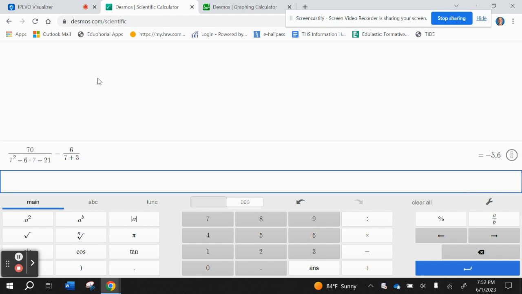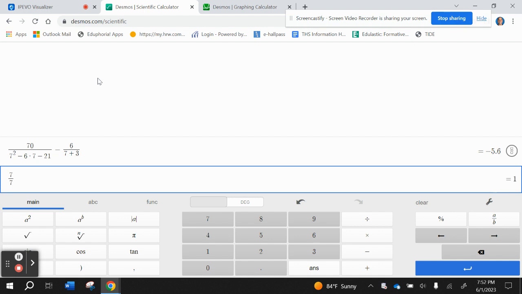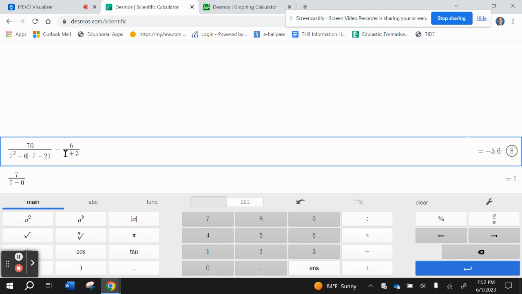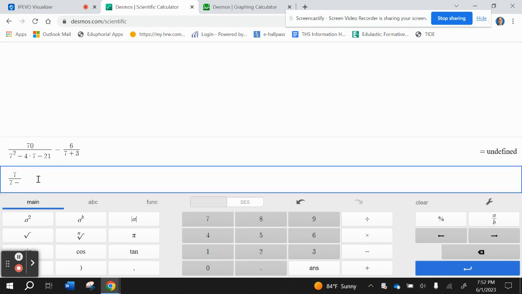Okay, and then 7 divided by 7 minus 7. Oh, little mistake here. That's not a 6. That's a 4. And then this should be 7 minus 7. So there you go. You can see the left side and the right side are both undefined.